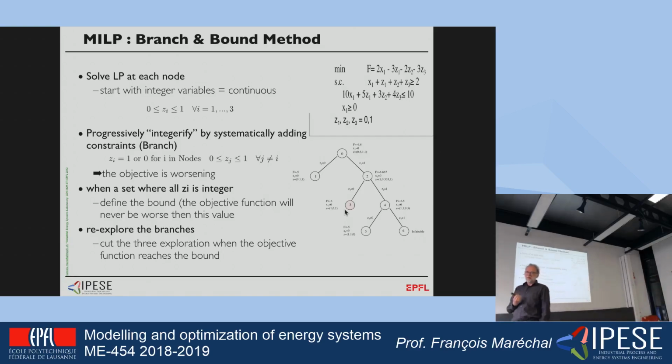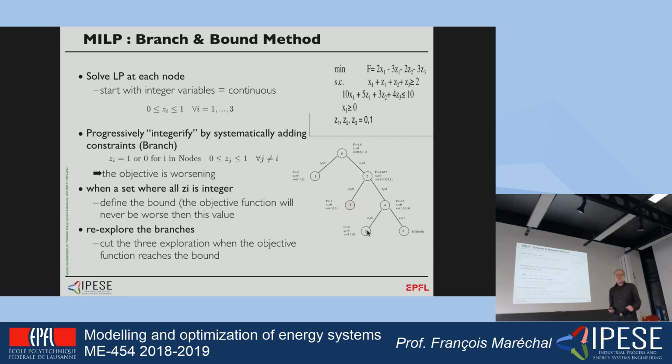And if the value of the objective function of this branch here is going to be higher, as I'm looking for a minimum, than the one where I have the full complete set of constraints equal to 1, as I know that if I continue to add constraints, it will be worse, okay? Then I know that I can stop. I do not have to explore the rest.